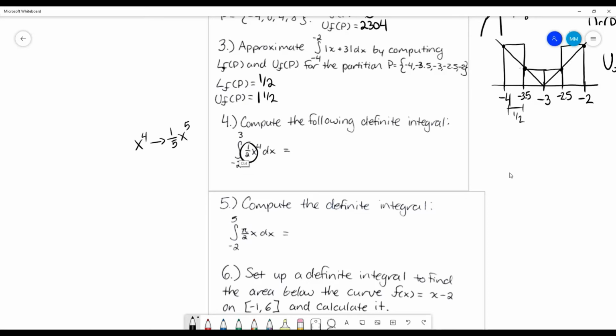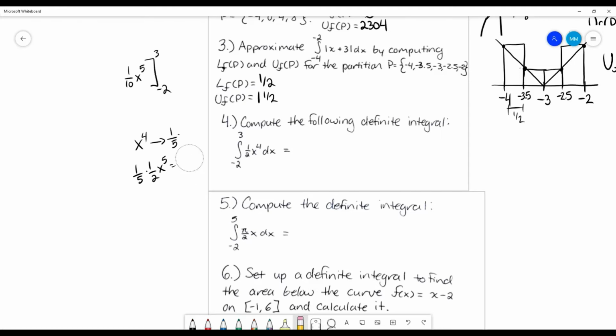But I've already got a 1/2 in front, so it's going to be 1/5 times 1/2 to the 5th, which is then 1/10 x to the 5th. And normally we would put that plus c, but when we're doing a definite integral, the plus c's end up canceling out, so we don't need to write those. So it's just 1/10 x to the 5th from 3 to -2.